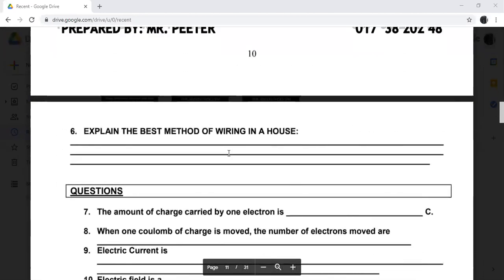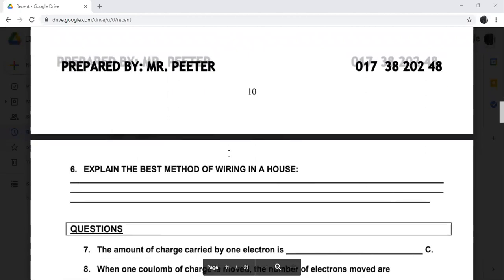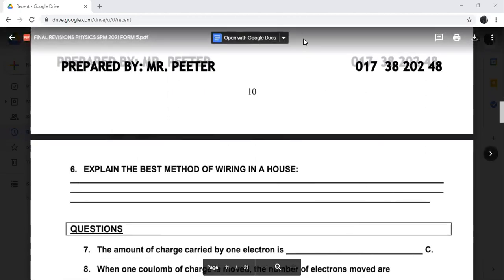Okay, last question for the day. Explain the best method of wiring in a house. All the house wiring must be parallel. Why must it be parallel? So that we are able to turn on and turn off every device in the house separately. Number 2, we are able to distribute equal voltage to all the devices in the house.